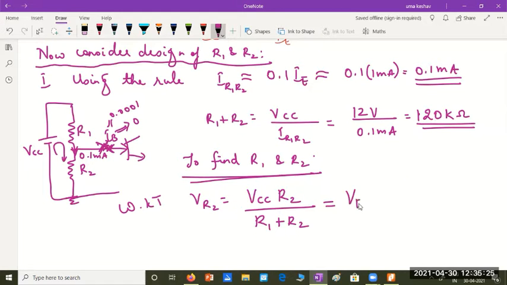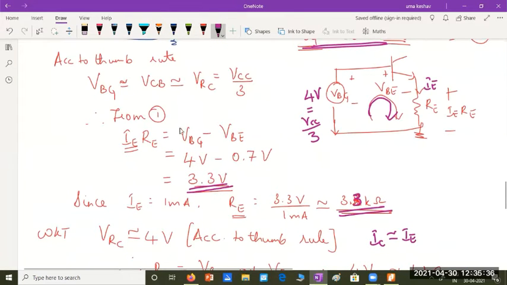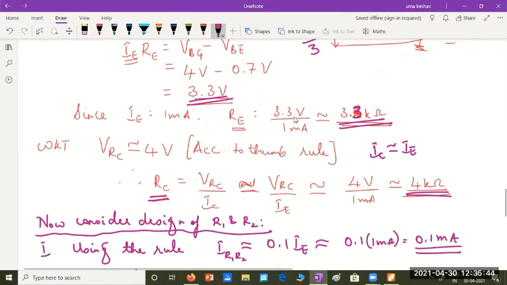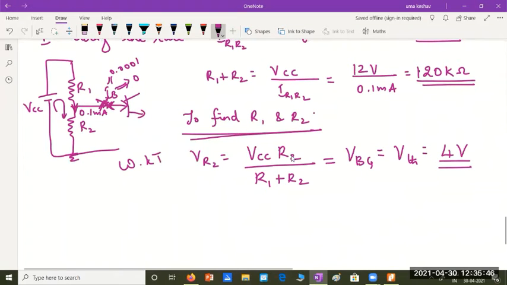Because this is nothing but the voltage between base and ground, also known as the Thevenin's voltage, which we know is 4 volts. We have already stated that this voltage between base and ground is nothing but VCC by 3, which is 4 volts. Yes or no? So that is the voltage drop across the resistor R2, and it can also be written as VCC into R2 by R1 plus R2. So when I do this, when you substitute for VCC, can you get a relationship between R1 and R2? Do it.